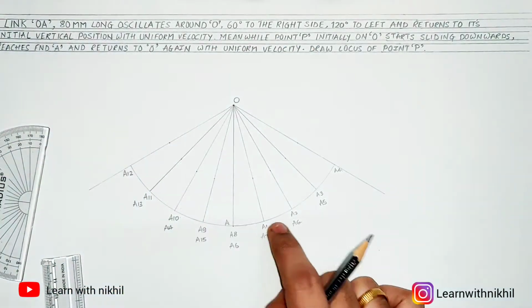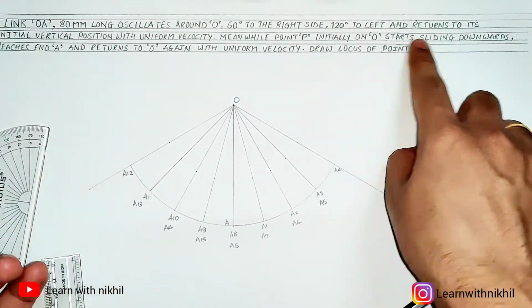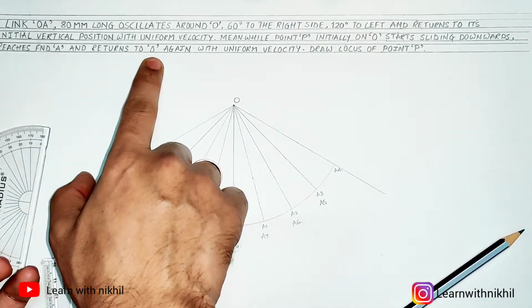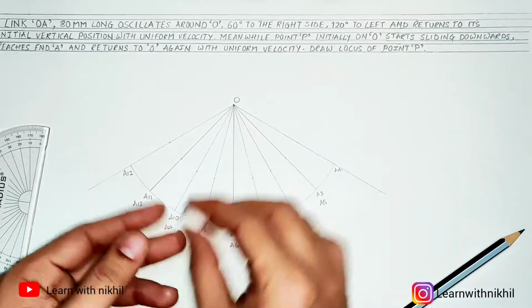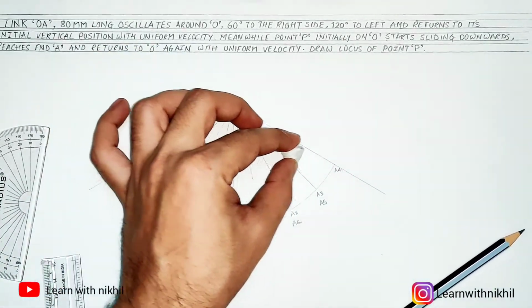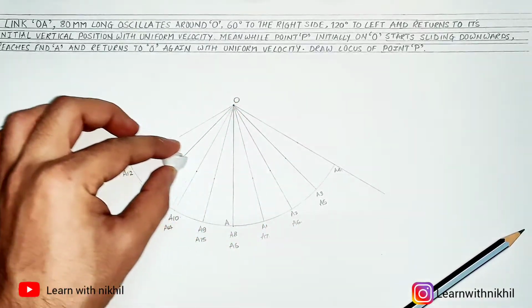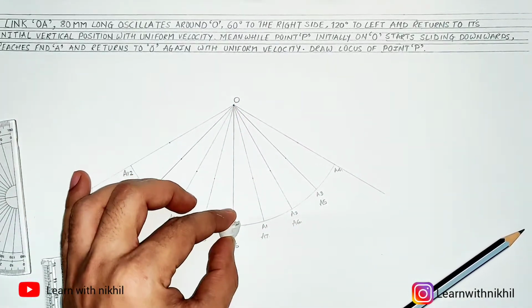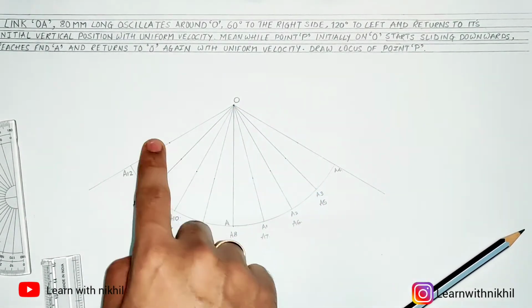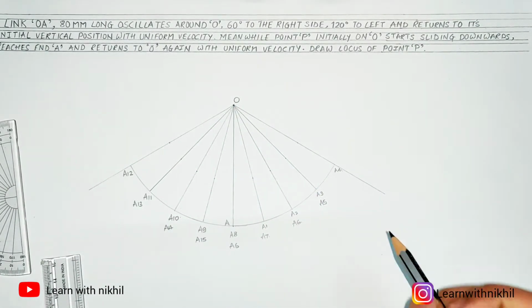Now further it is given a point P initially on O starts sliding downwards and reaches A. So as it is sliding, this point P is sliding downwards. As the pendulum is moving, the P is also sliding downwards.